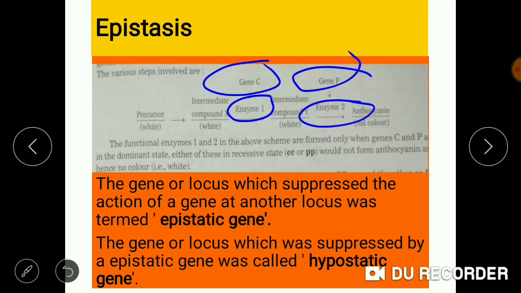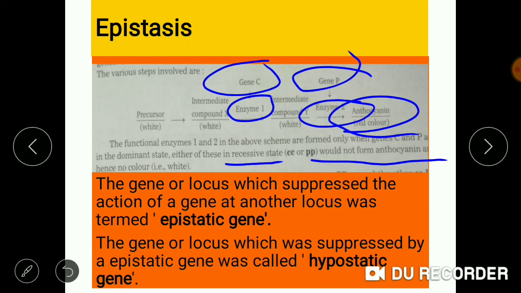If either of these genes is in recessive state, in the form of small c or small p, it would not form anthocyanin, which is the red colored pigment resulting in red colored flower plants. So only if gene C and gene P are in dominant state, then enzyme 1 and enzyme 2 will work and result in red colored flowers.